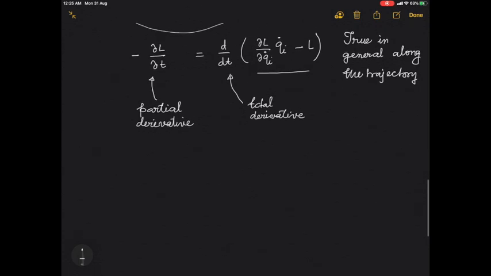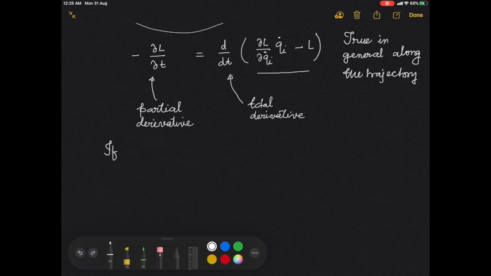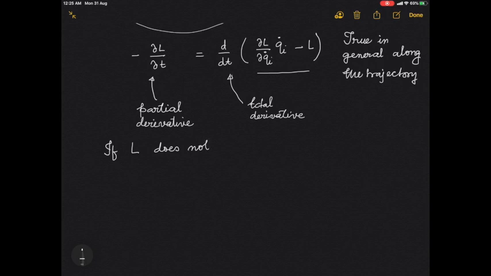Now if the Lagrangian L does not depend on time explicitly, what is the mathematical statement for that? That is essentially del L del t equals 0, right?